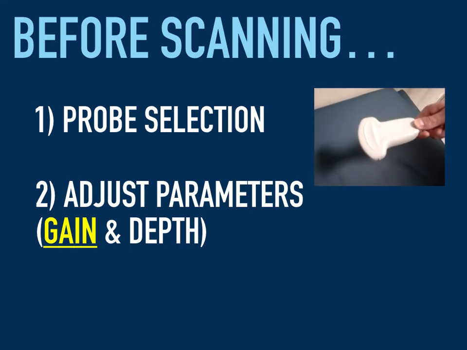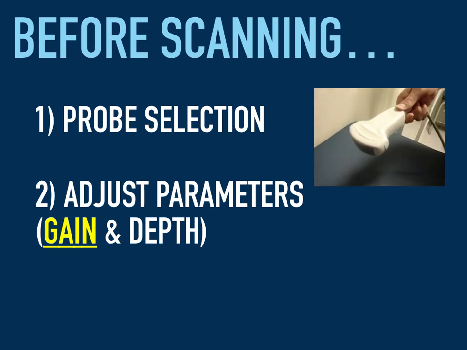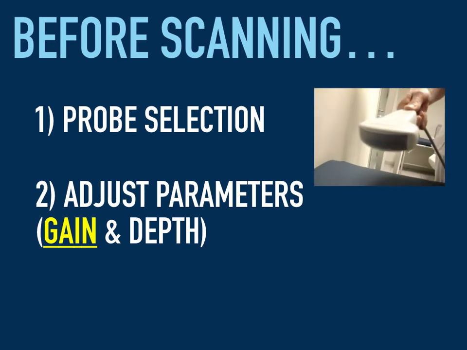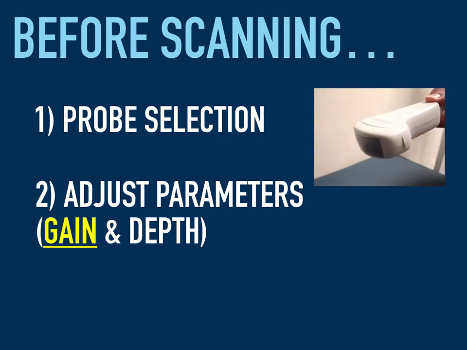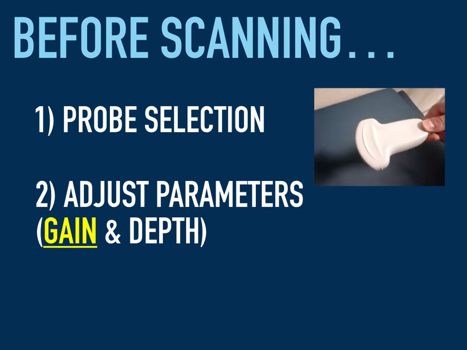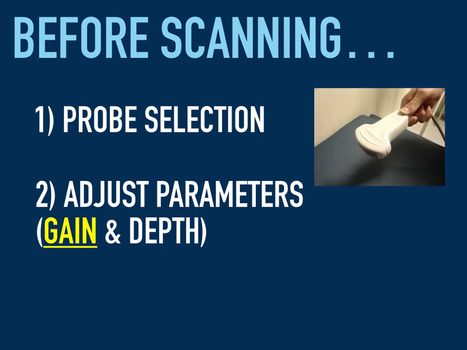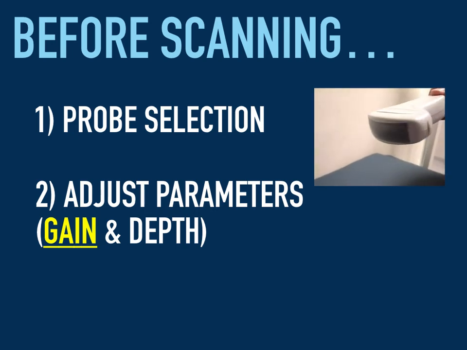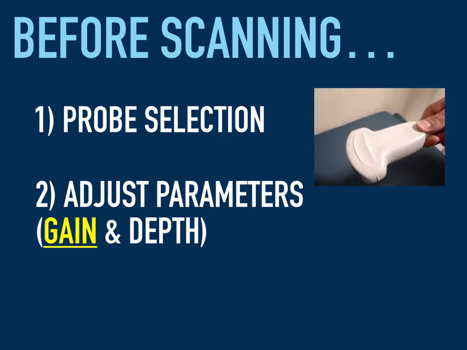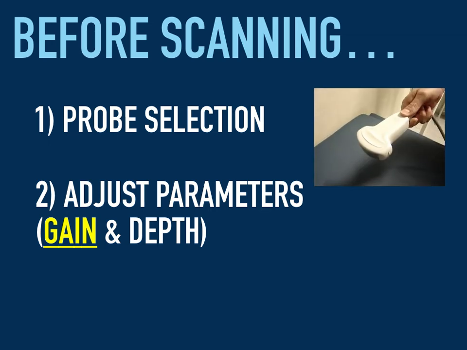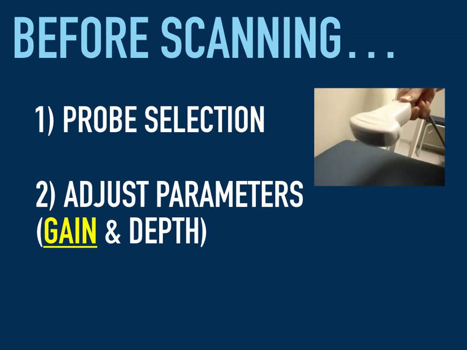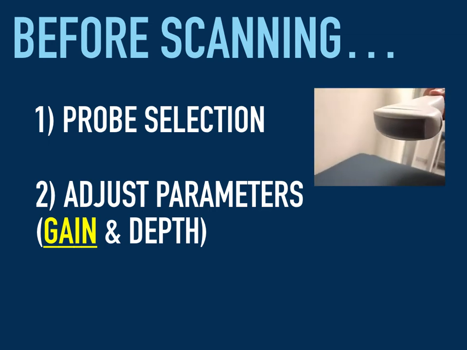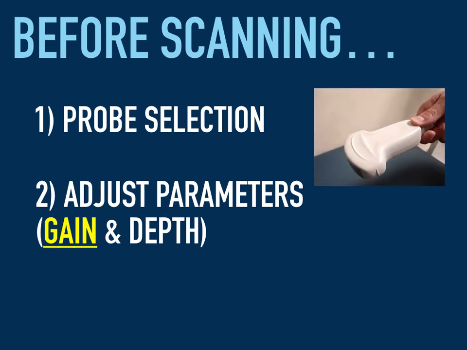The gain, we need to be careful with the gain. The bladder, which is supposed to be full of fluid, can cause a higher posterior acoustic enhancement than normal. So we probably need to decrease the gain a little bit more than we used to do, and especially the depth, because in some cases the bladder will be superficial.